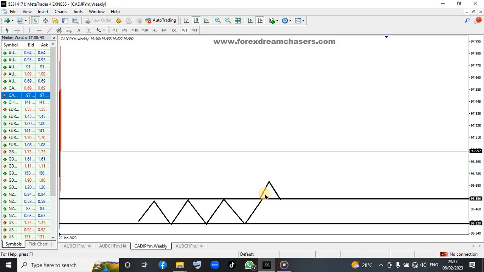Now if the market returns back to the consolidation like this, let me just remove this one for a minute. I want to put it like this. Okay, fine. As soon as you have this candlestick, you don't have to jump in and take a trade here.